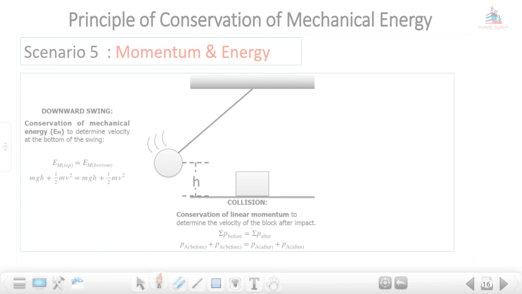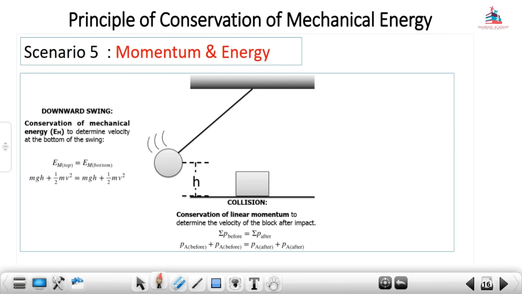We were in a position of explaining what is elastic collision, and also explaining inelastic collision. So if you check here, we have a pendulum that is swinging in this particular direction, but now it's going to collide with a specific obstacle or an object.